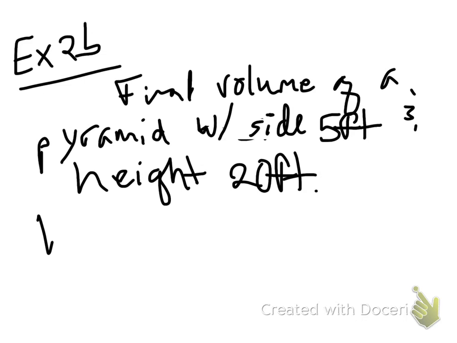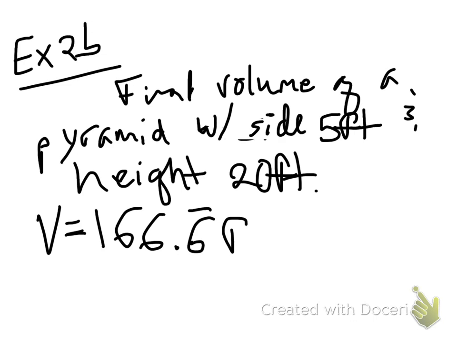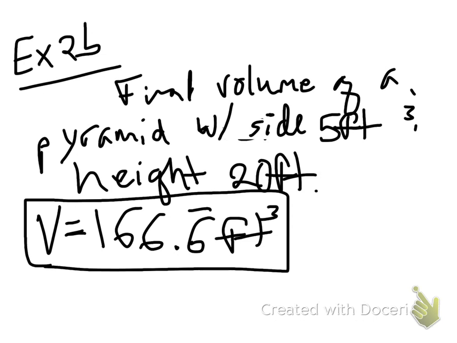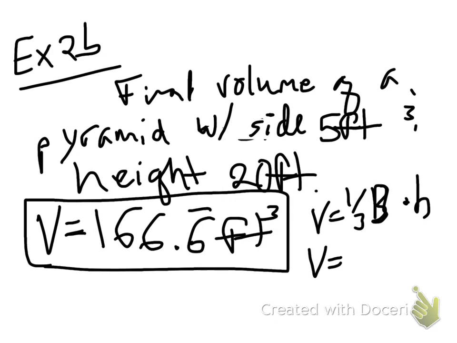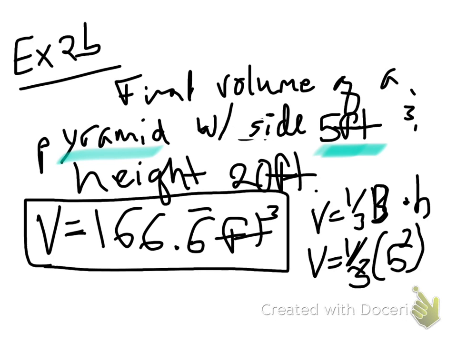Alright, you should have gotten that your volume equals 166.6 repeating feet cubed. You should have plugged it into the formula volume equals 1/3 base area times height. It's a pyramid, so we know it has a square base, but the sides are 5 feet, so 5 squared would be your area, times your height.